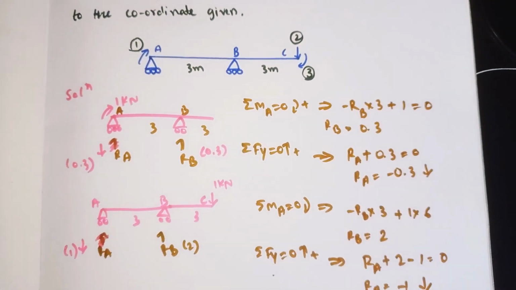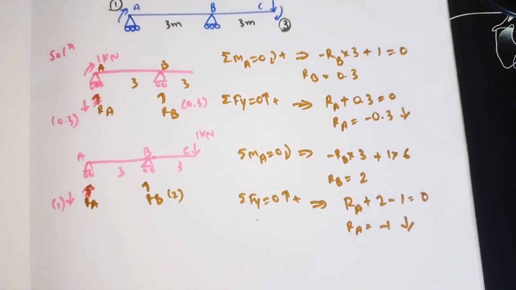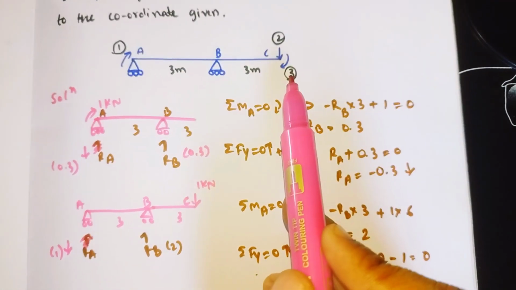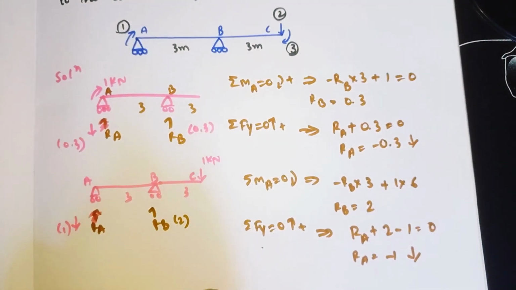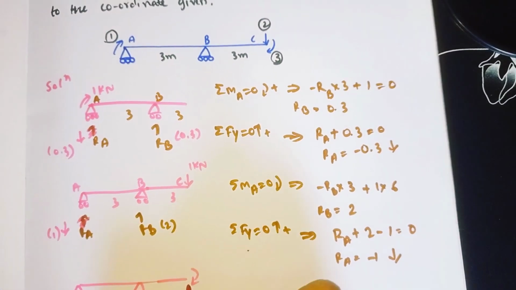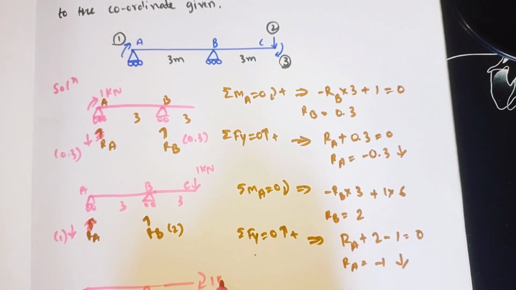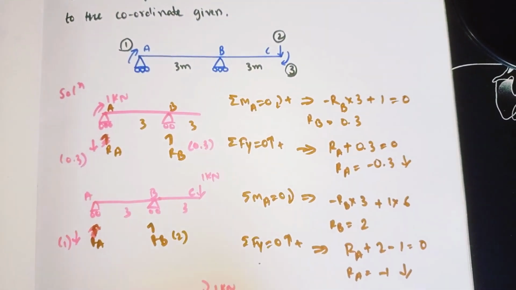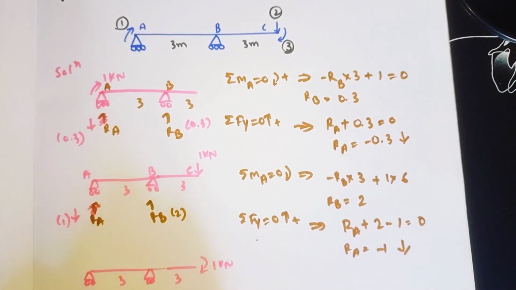And now similarly we need to calculate for coordinate number 3, that is one unit moment acting at point C. Again I will redraw the diagram here. So here a 1 kN unit moment is rotating. So now we need to find the reactions for this diagram.